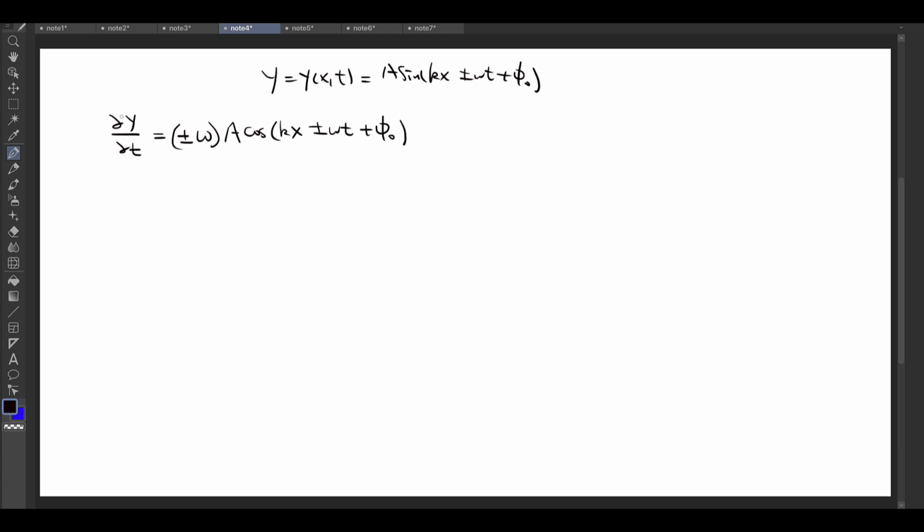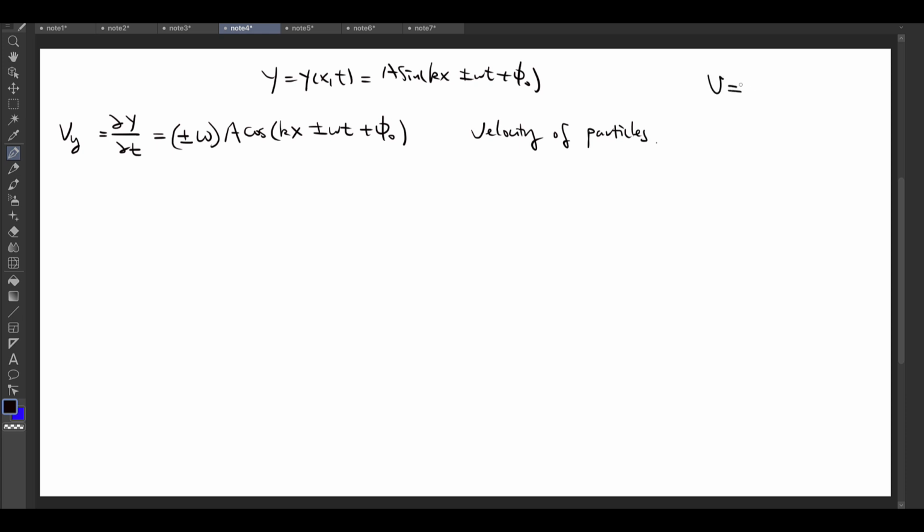Okay, now what we have here is the velocity of the particle. That's why we call it Vy, because particles are oscillating in the y direction along the y-axis. And that's different from the wave speed.